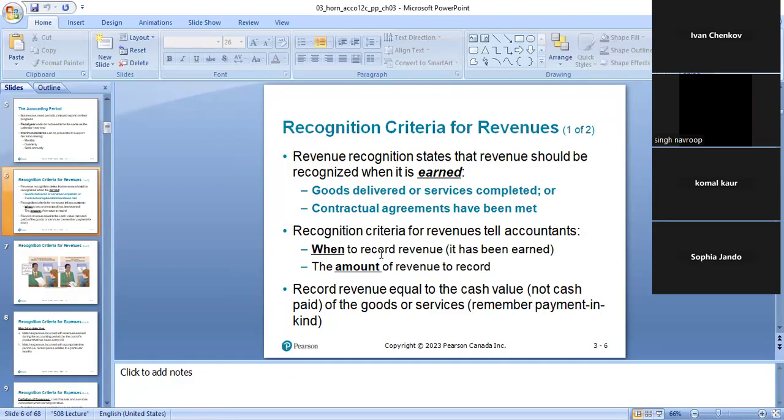So when we're going to recognize, now we have two events that happen in the company. I want you to understand this. We have two events that happen in the company: recognition and realization. Realization means when the consideration is exchanged.